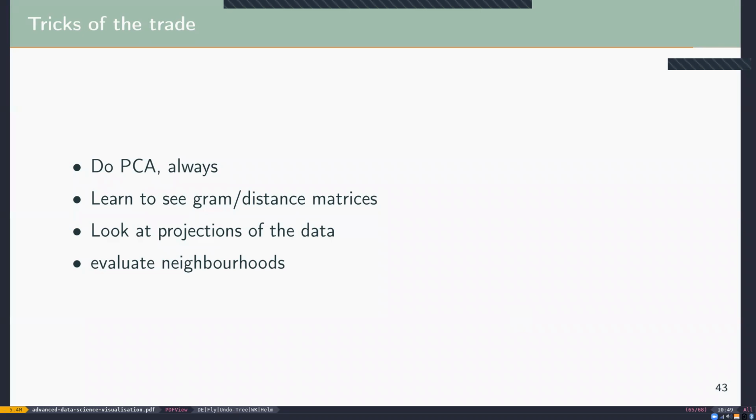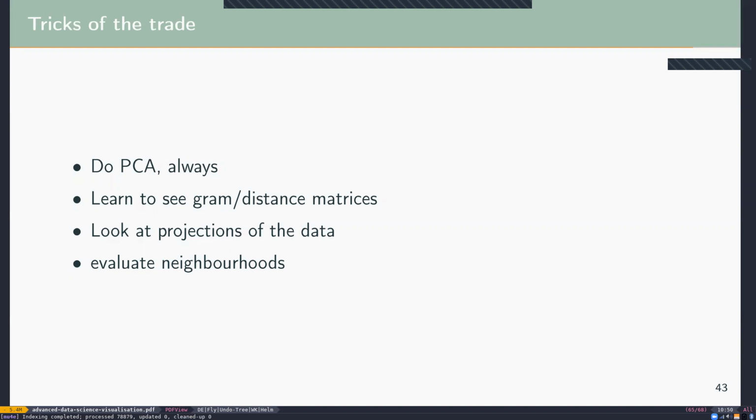That's a skill that's very useful to get. The other thing is to look at just projections of the data. There's something in pandas called scatter plots, which, if you've got a 10-dimensional data set, will give you every dimension against every other dimension. So you get a 10 by 10, and you can start seeing, oh, these covary this way, these do not, and so forth.